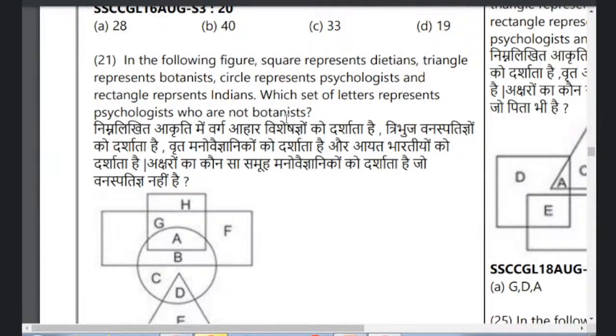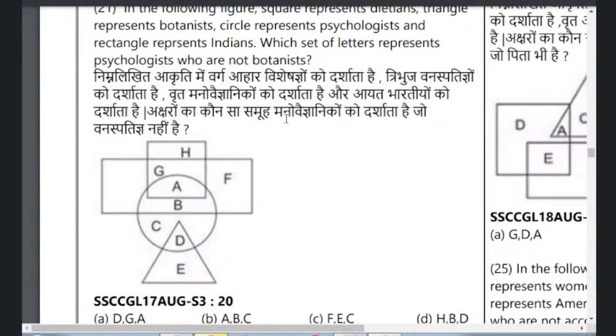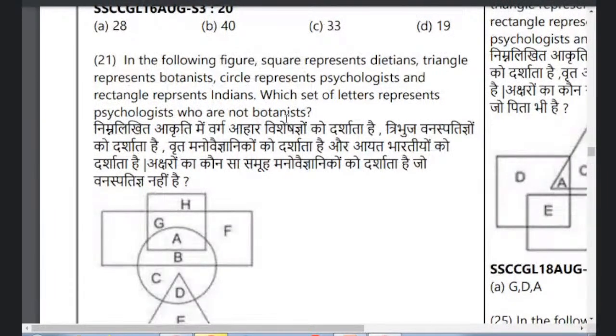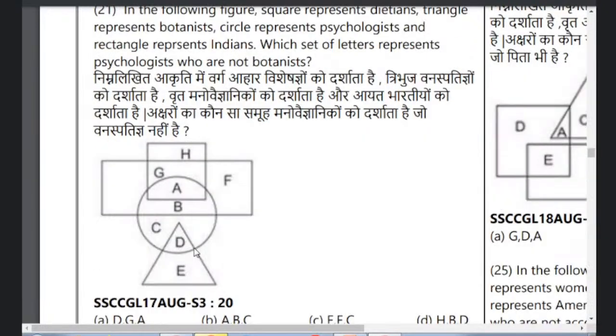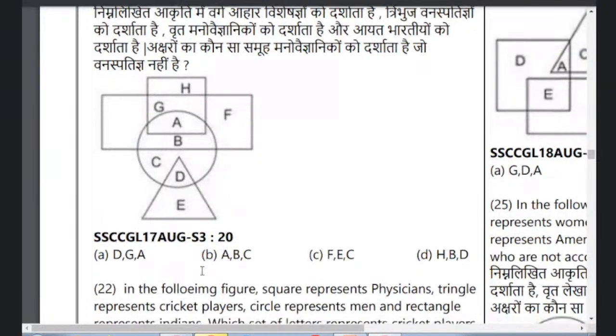Who represents the physiologist? Circle, so A, B, C, and D first, but not the botanist. Who represents the botanist? Triangle. So D is not included, and A, B, and C is the option. Option B.